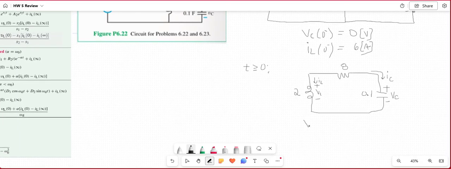Okay, so VC of 0 equals VC of 0 minus, because voltage doesn't change instantaneously with the capacitor. So we're going to have 0 volts. And IL of 0, same thing.